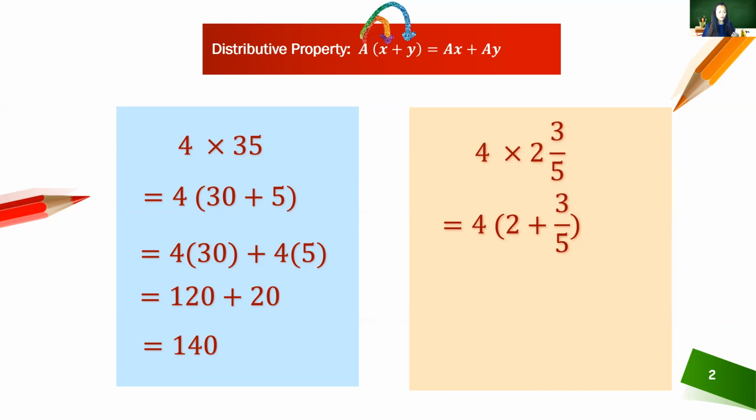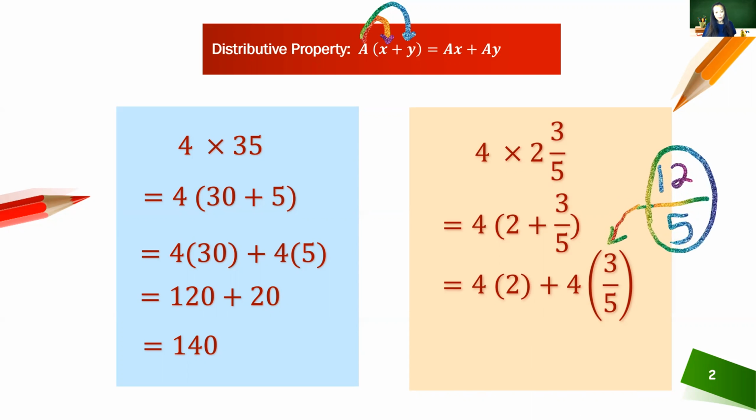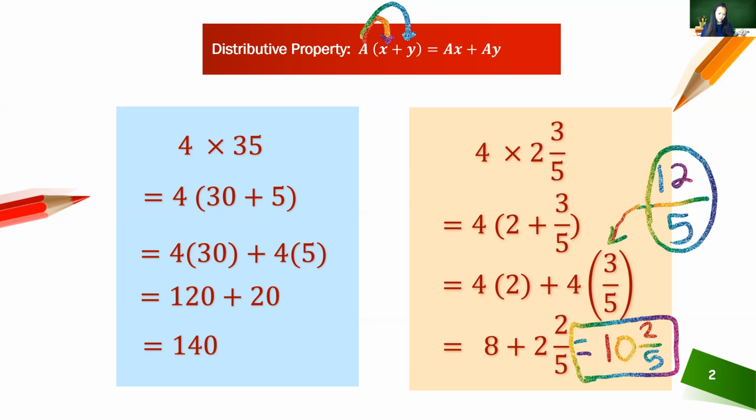Just like the distributive property, you would have to take 4 times 2 and then 4 times 3/5. 4 times 2 is 8. 4 times 3/5 is 12/5, which is 2 and 2/5. So in total, you have 10 and 2/5.